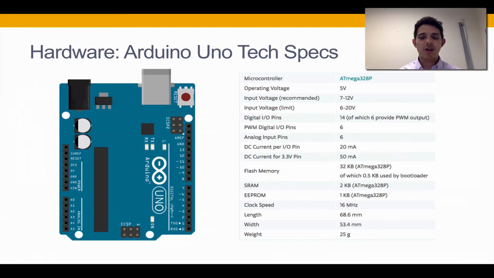You can also see it has a clock speed of 16 megahertz, which is sufficient to do some basic sorts of functions. However, you're not going to be running simulations or playing computer games on this hardware, or doing deep learning or anything like that. However, it is most certainly sufficient to power Internet of Things, for example.